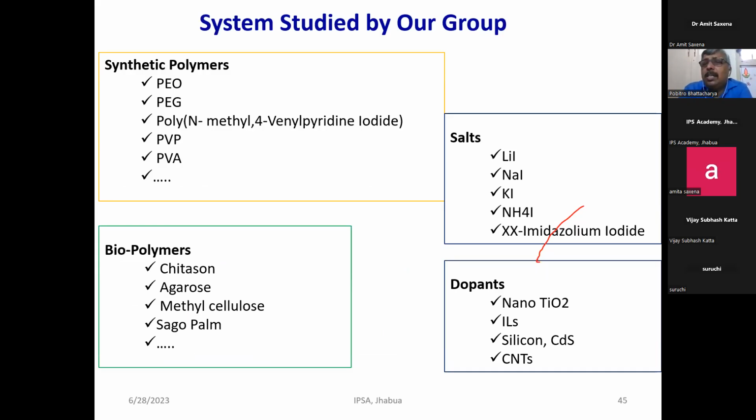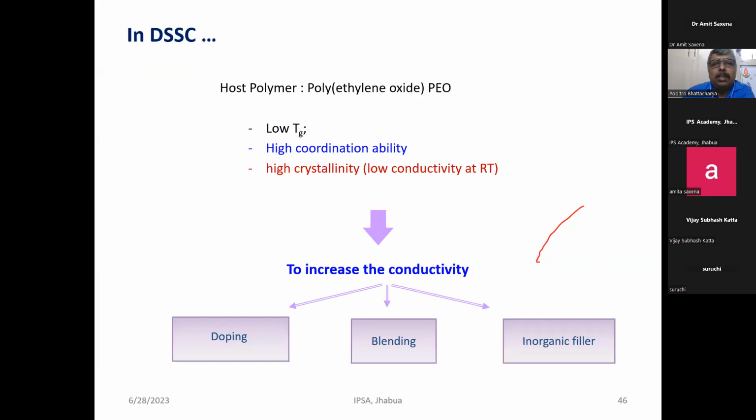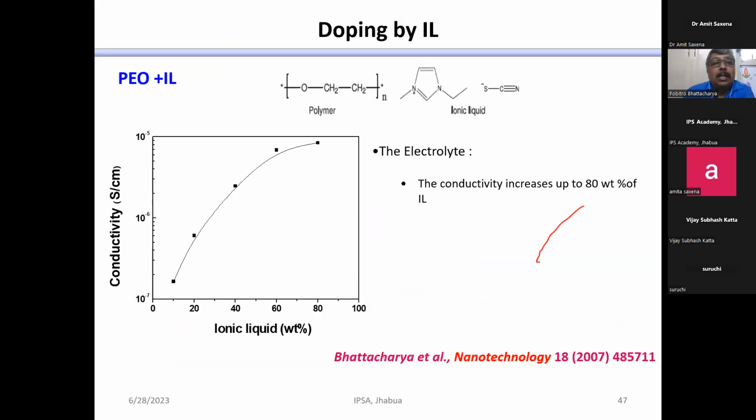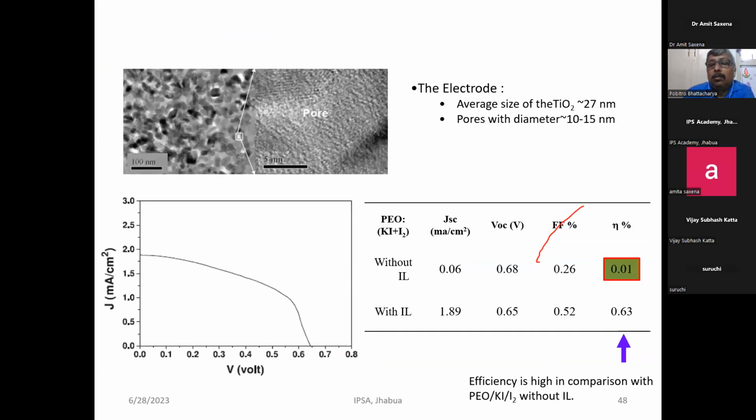We had tested a series of polymers, different types, synthetic polymers, biopolymers, different salts, different dopants, and achieved some of the results. I will pass through because all these I have mentioned: doping, blending, and filler that can be added. If it is blended, one can see that yes, it works.